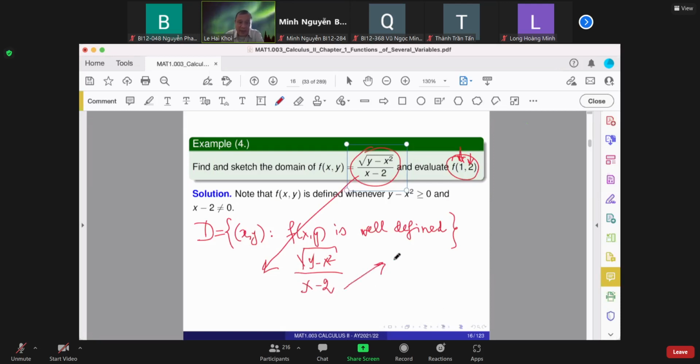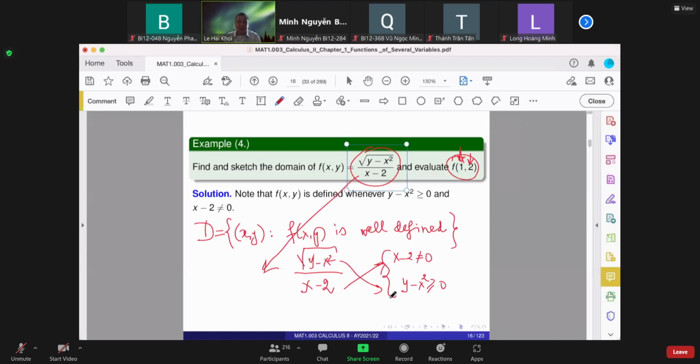The first thing, the denominator must be non-zero. The second thing, the square root is taken only for a non-negative number. So you should have this one. And combining both, you have the points at which f is well defined.